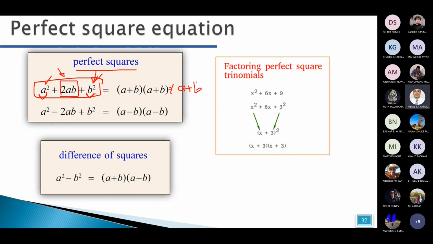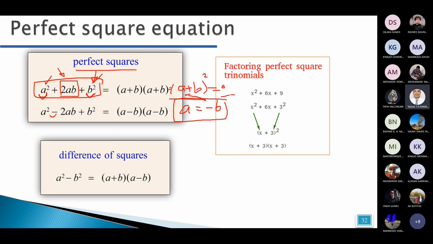So this one equals power 2. So this is a solution. It's equal, of course, to 0. Then you can solve it. You will find that the solution a equals minus b. Okay, this is for the perfect square.